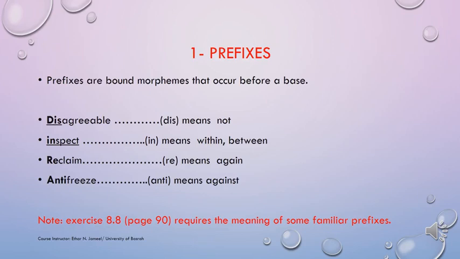So antifreeze comes from freeze plus anti. Anti is an affix. It carries a secondary meaning, not the principal meaning. It means against freezing. So anti comes before the base, which makes it a prefix, because it comes before the base freeze.